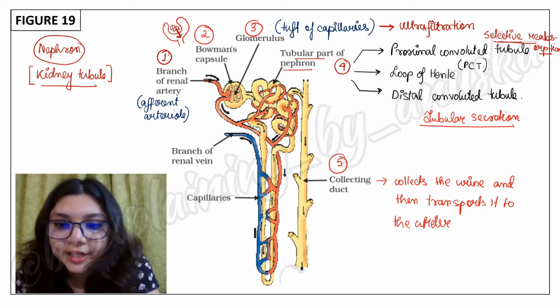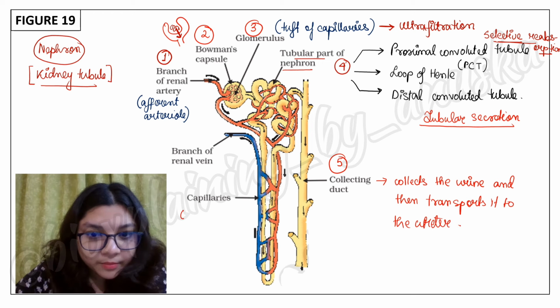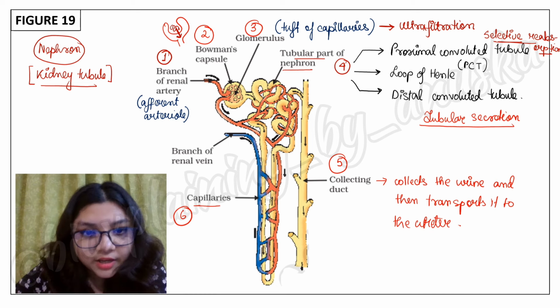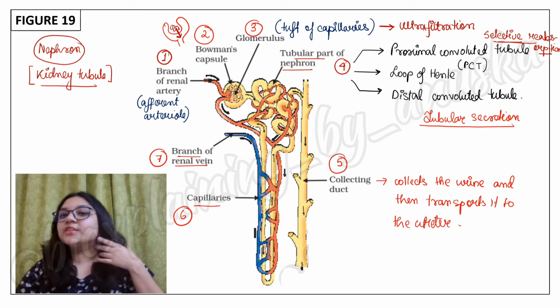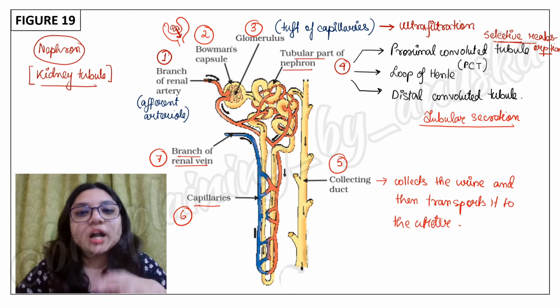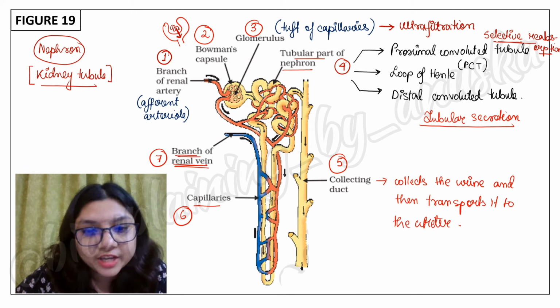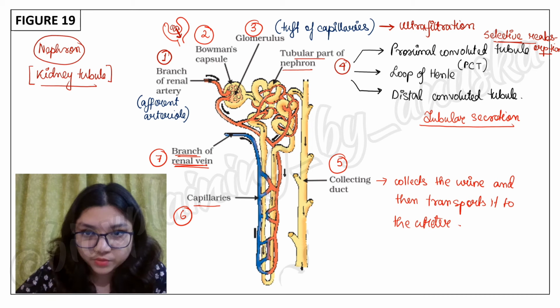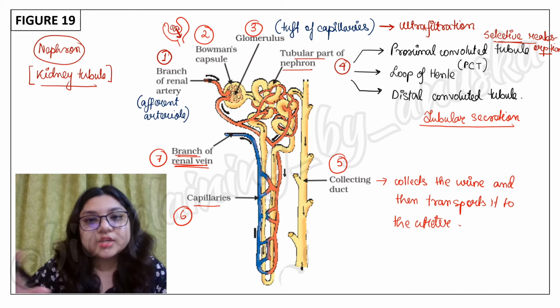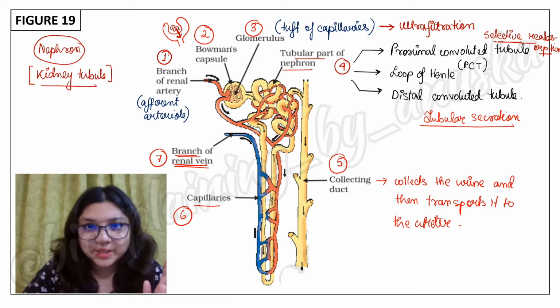The ureter will take it to the urinary bladder. Part number 6 is the capillaries, and part number 7 is a branch of the renal vein. There is a counter current mechanism between this branch of the renal vein and your kidney tubules. So overall, this is the structure where urine formation takes place.